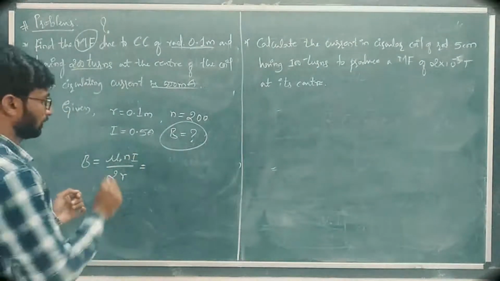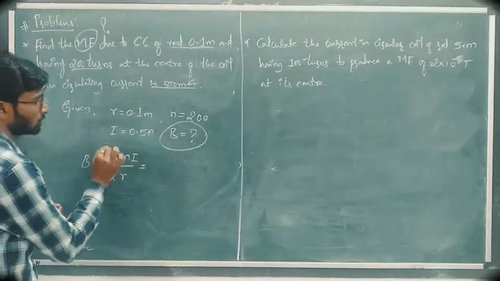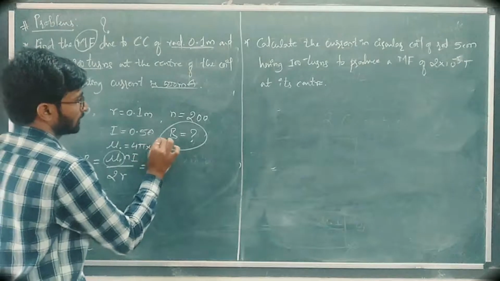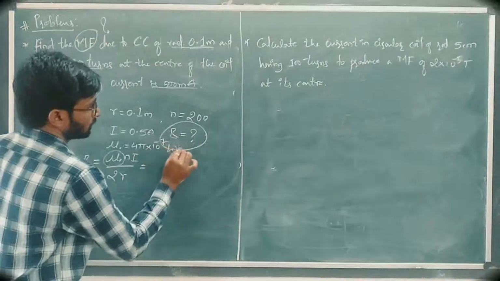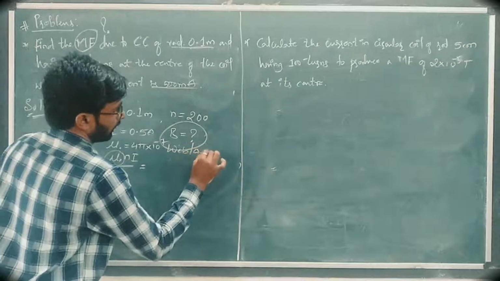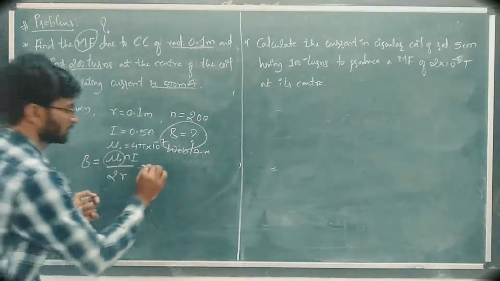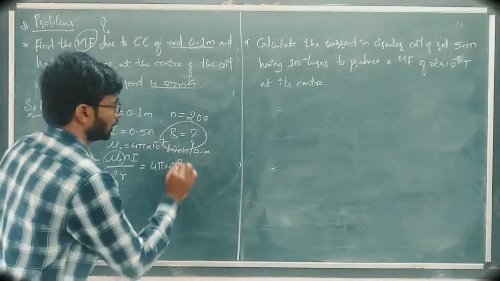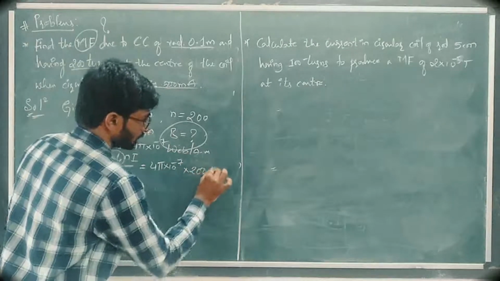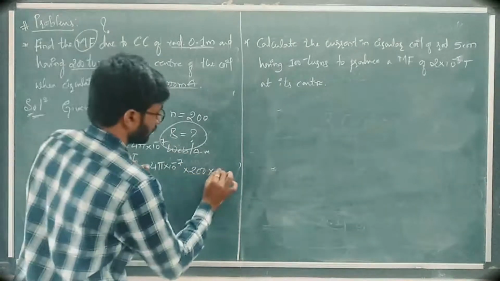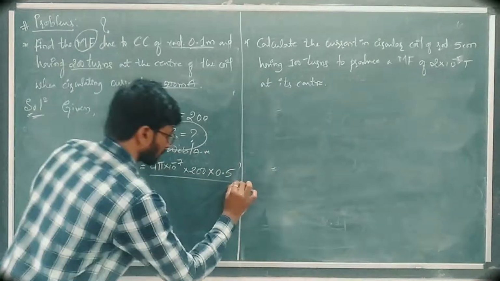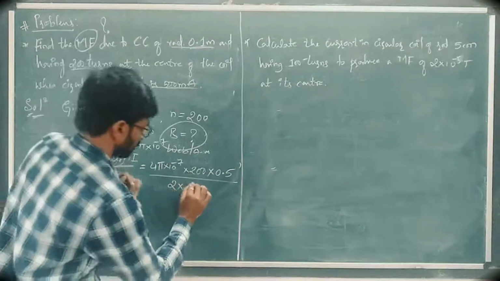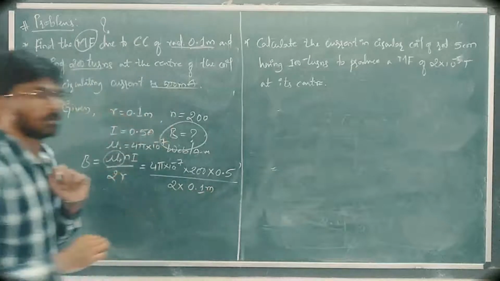Another required thing is mu naught, which is 4 pi into 10 to the power minus 7 Weber per ampere meter. Simply substitute all the values: 4 pi into 10 to the power minus 7 into number of turns 200, into the current 0.5, whole divided by 2 into the radius of the circular coil, 0.1 meter.